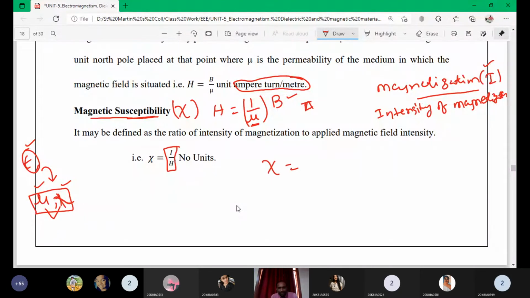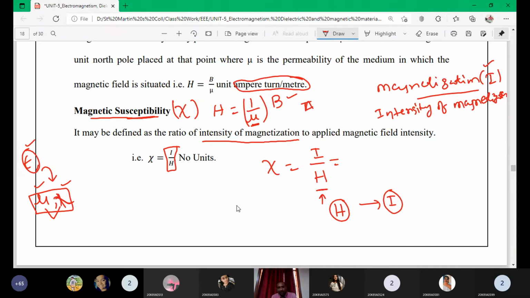Chi is given by I by H. I means intensity of magnetization, or magnetization. H means applied magnetic field intensity. This is the applied field. If you apply some external field, how much magnetization is developing?